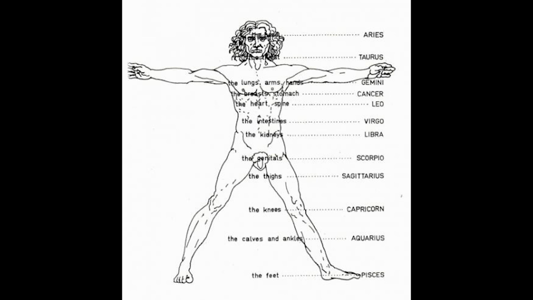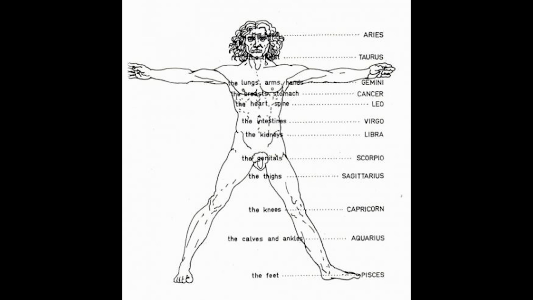You can look that up if you're interested. But the human cross is basically what represents our body. Our body was designed to sacrifice the lower nature for the higher nature. And I was just talking about the rainbow, and that's what the rainbow represents.